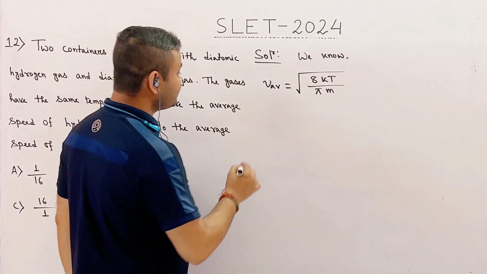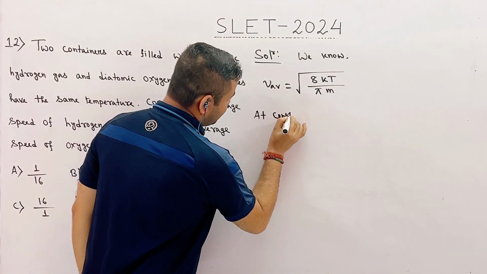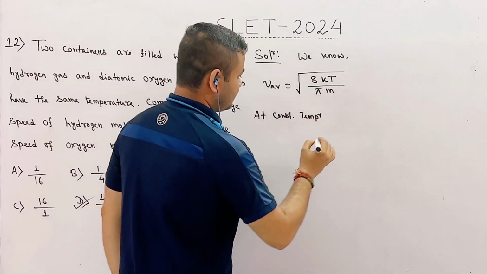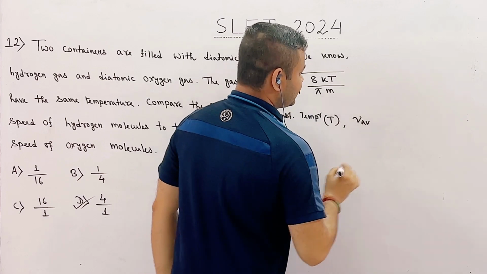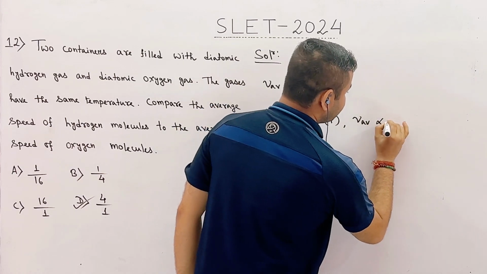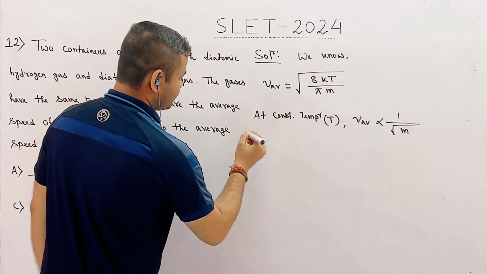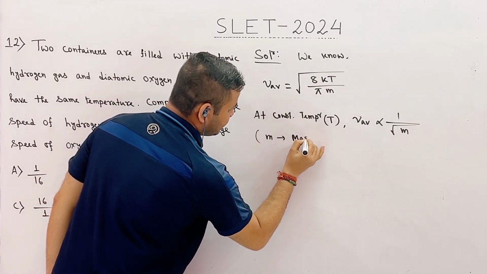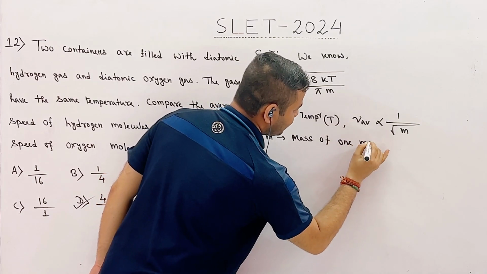First let me write this point. At constant temperature, V average is directly proportional to 1 by root over m. So here m is the mass of one molecule.